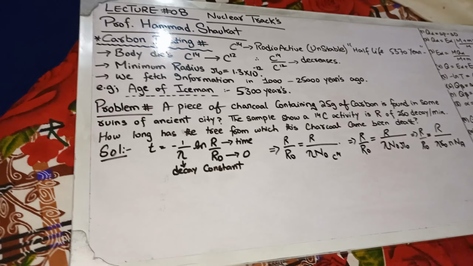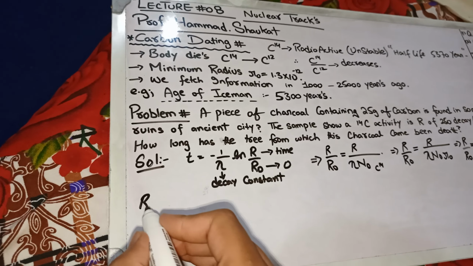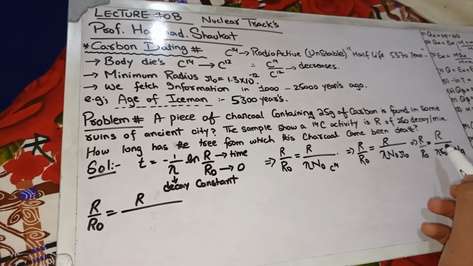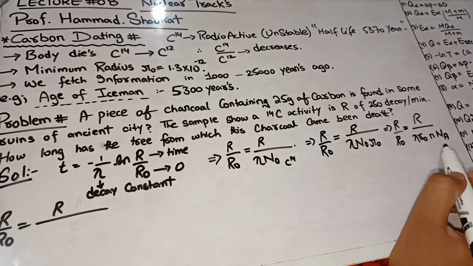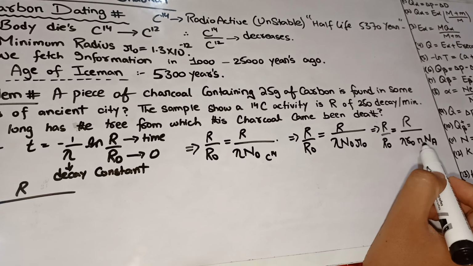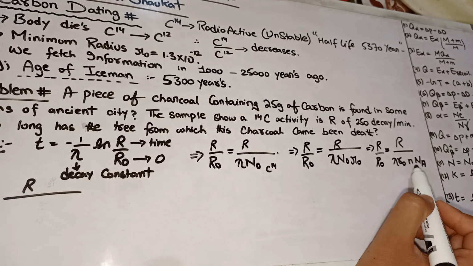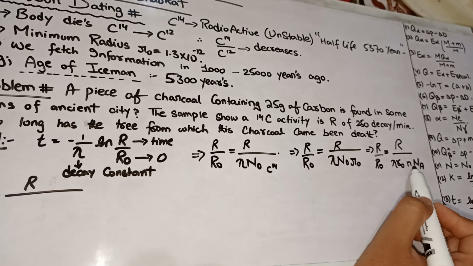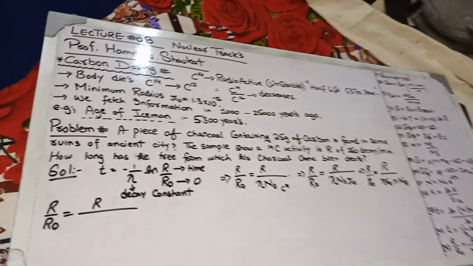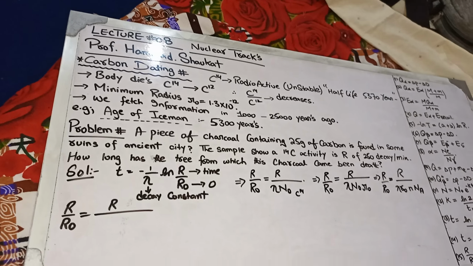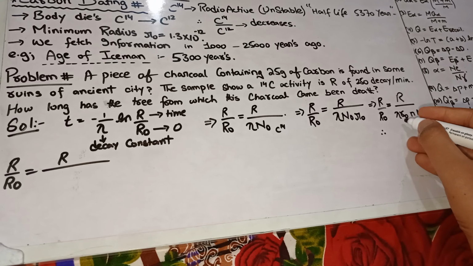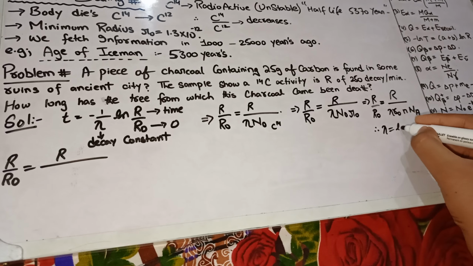For the final conversion of the ratio r divided by r naught, we have to put the value of n, the number of moles. The number of moles equals mass in grams divided by molar mass. You also have to put the value of lambda, and you know that lambda is ln of 2 divided by the half life.